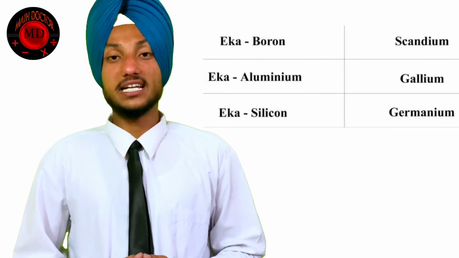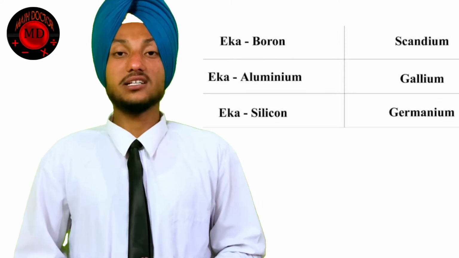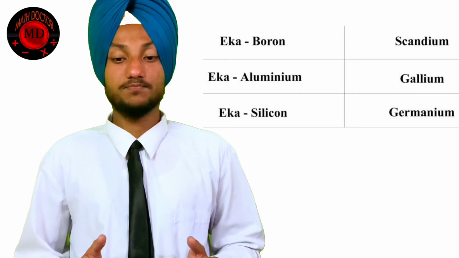When these elements were discovered later on, Eka boron was named scandium, Eka aluminium was named gallium, and Eka silicon was named germanium. Again, in order to make sure that the elements having similar properties fell in the same vertical column or group, Mendeleev placed a few elements in the wrong order of their atomic masses by keeping the elements with higher atomic masses first and the elements with lower atomic masses later.